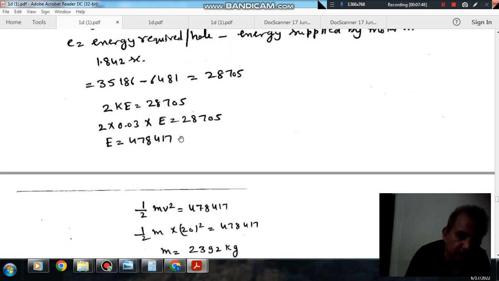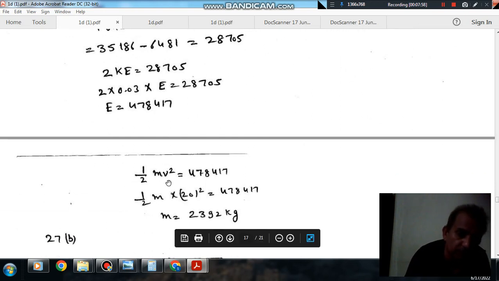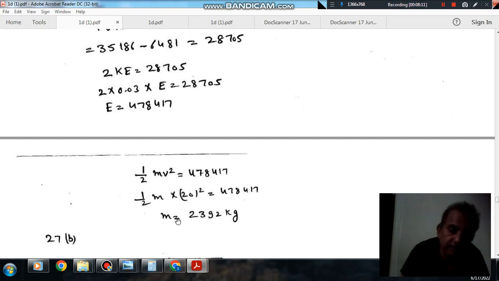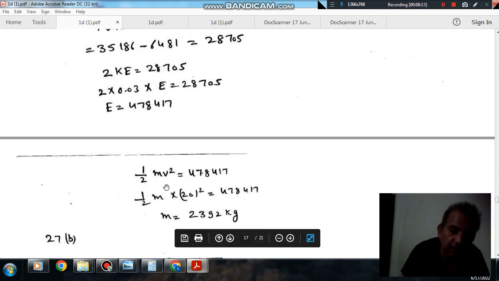So the energy of the flywheel at mean speed is 478,417. As the speed of the flywheel is 20 meter per second, we can find the mass of the flywheel by equating this energy to half m v square, because this is only the kinetic energy. So m will be 2392 kg.